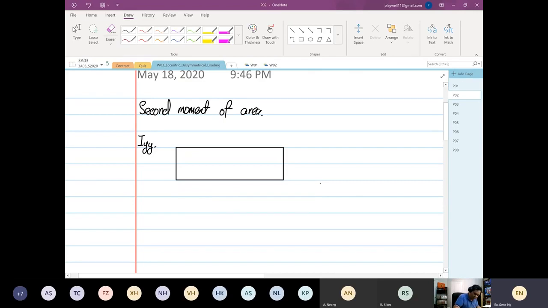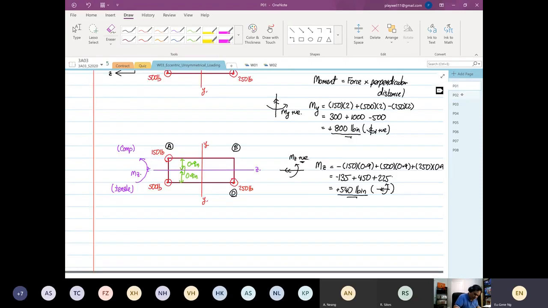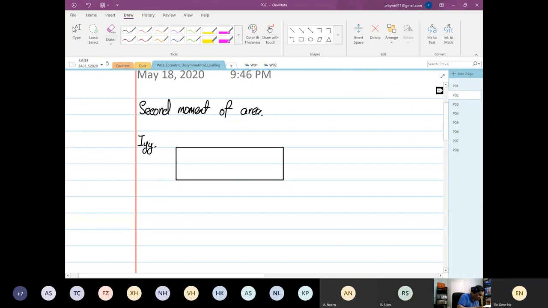So in our YY axis, if you look over here, this is our YY axis. Like what I've taught you guys before, parallel to the axis is the width, and perpendicular distance will be the depth relative to the axis.